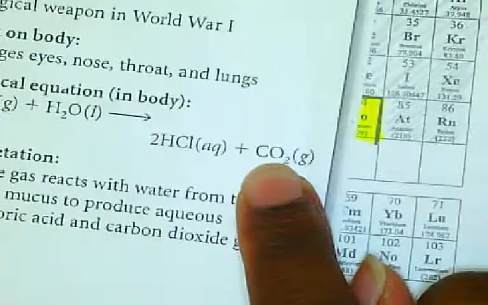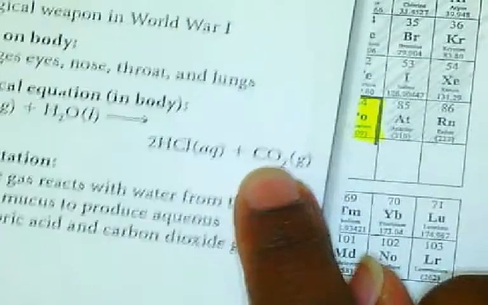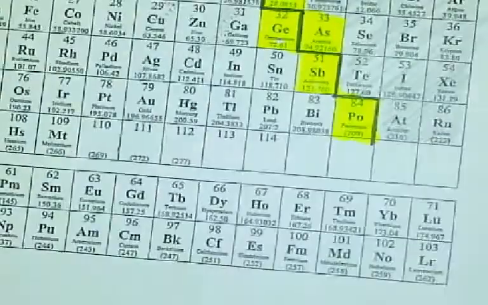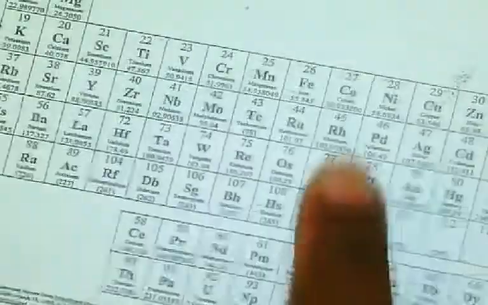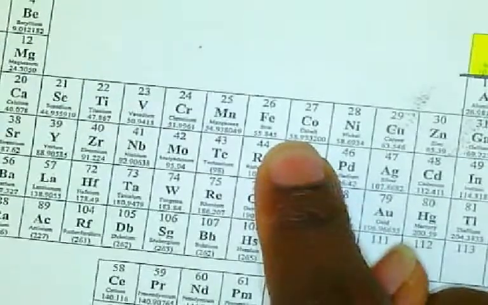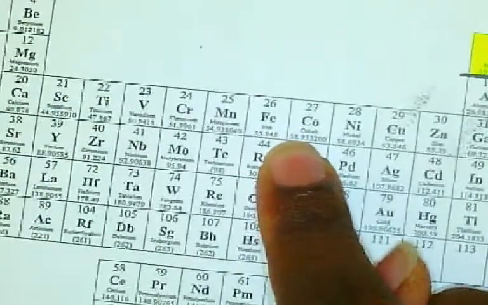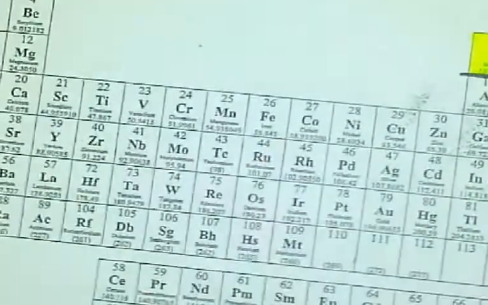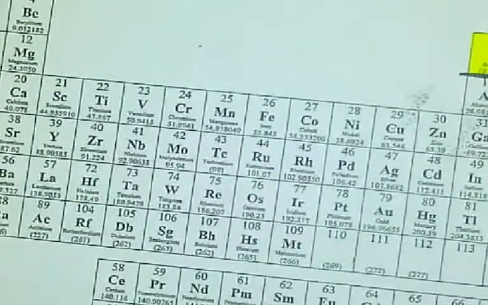This is a covalent compound. It is not cobalt, which can be found here on the periodic table with a capital C and a lowercase o. The second letter of any element is always going to be smaller than the first.